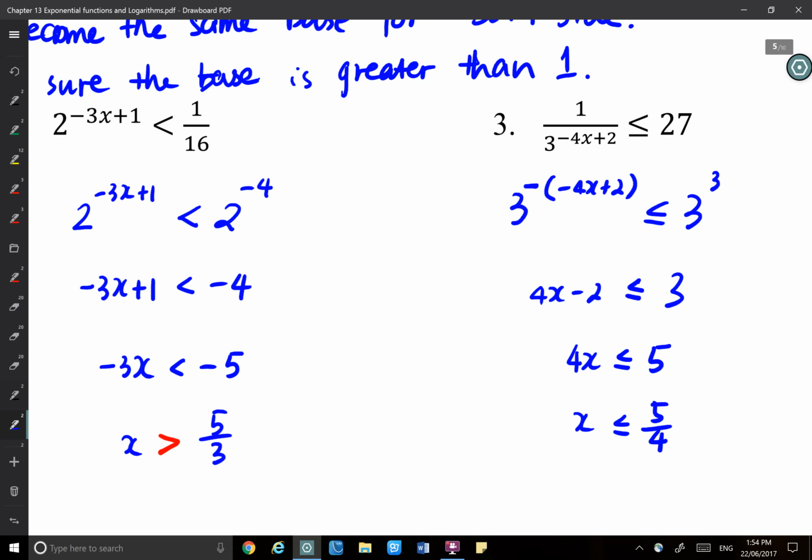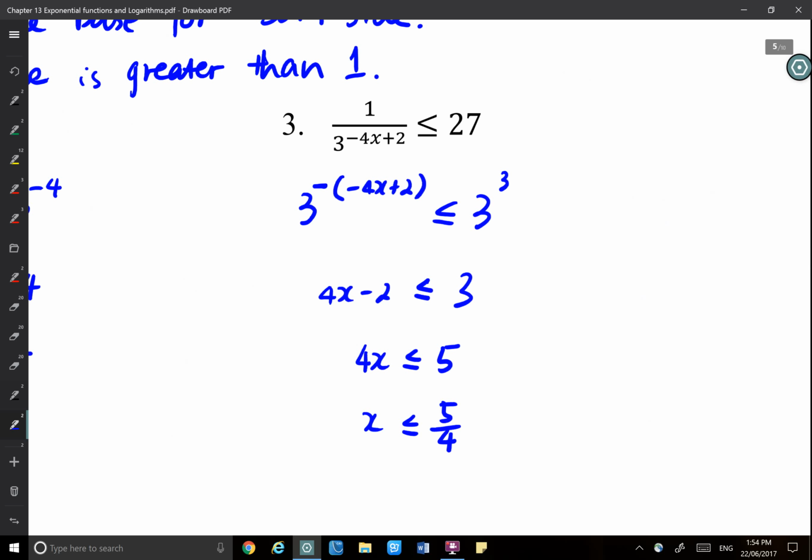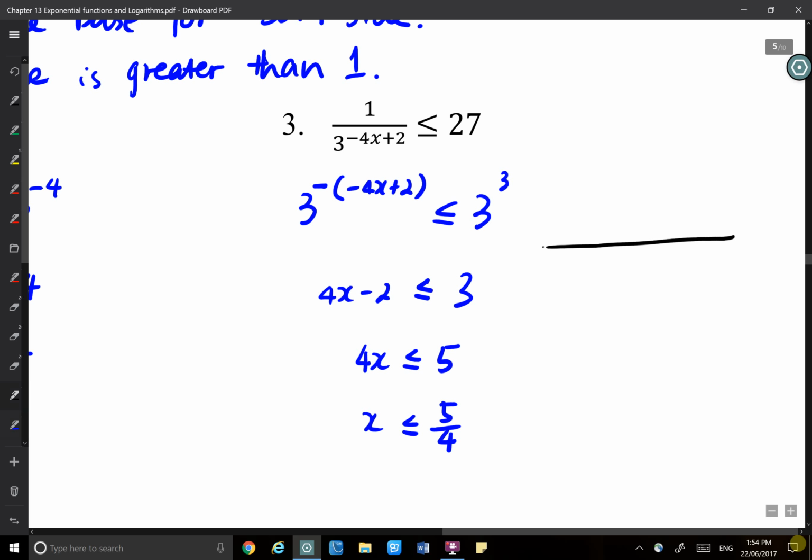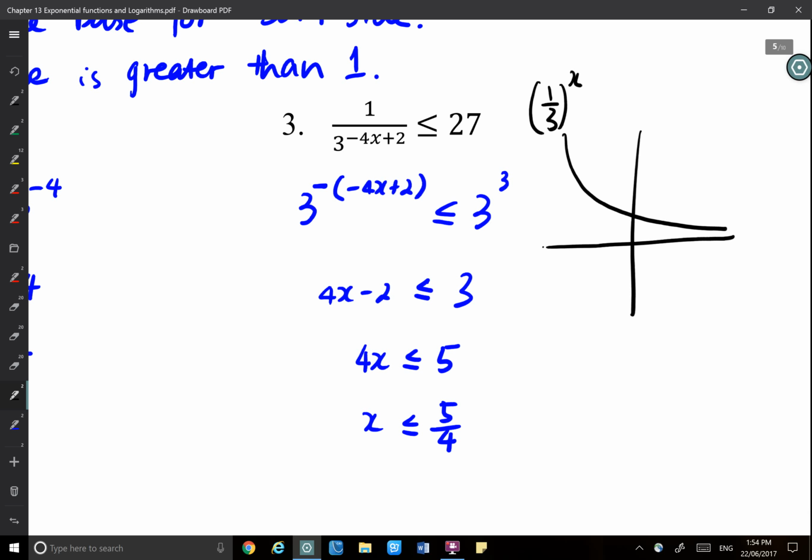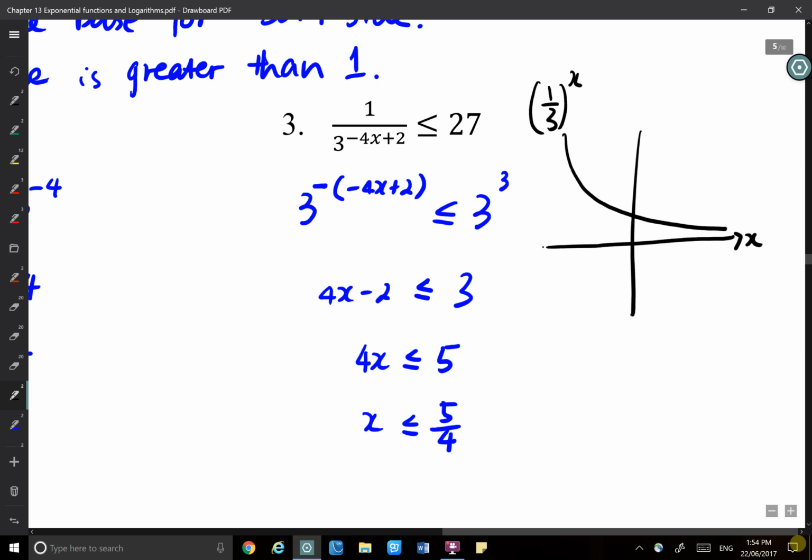Why am I not asking you to do a base less than 1, or in between 0 and 1? Because let's say we make that into a third to the power of x, it looks like a decreasing shape. Remember, the graph looks different. In this one, the larger the y value, the smaller the x value.